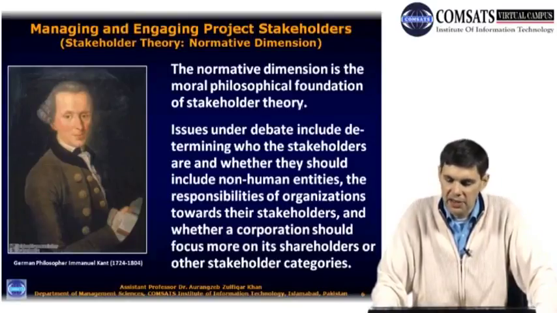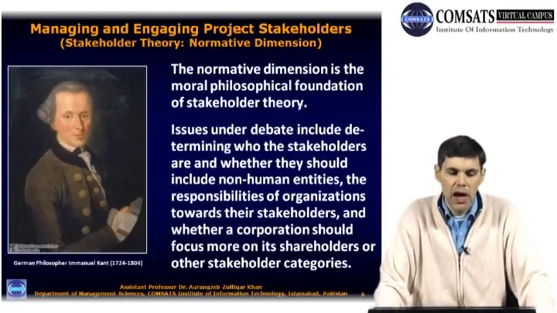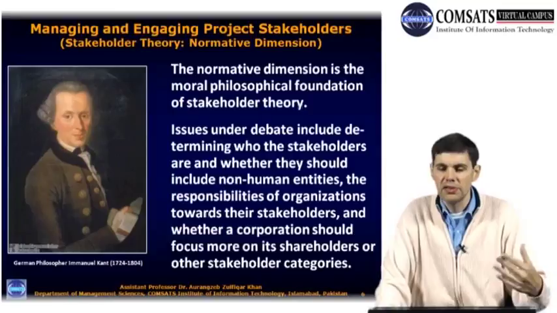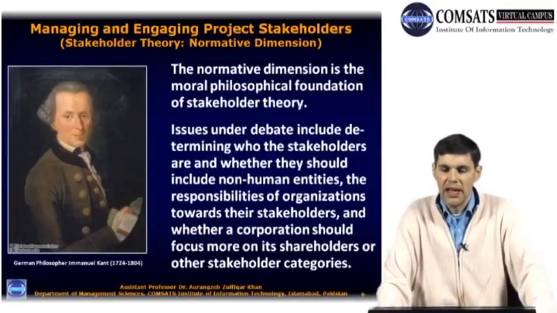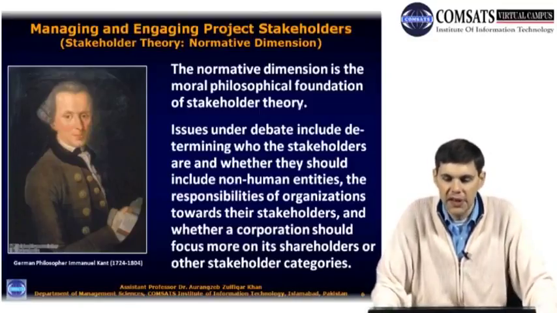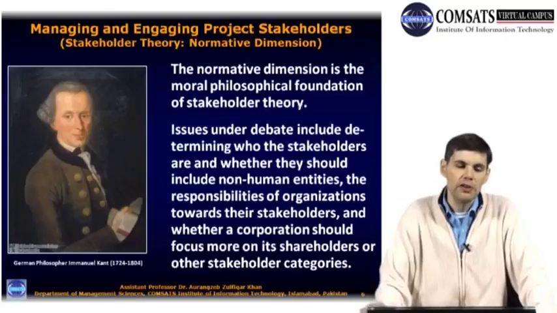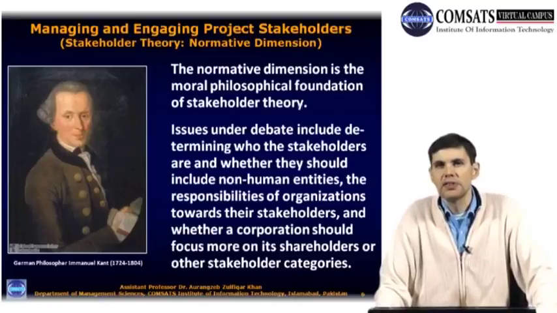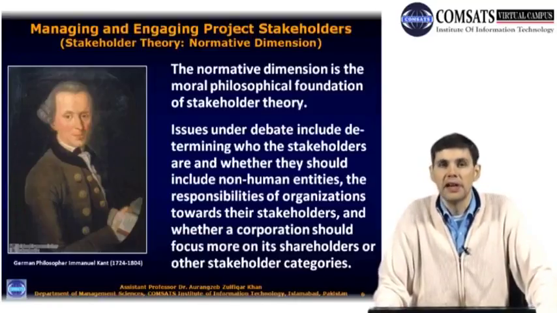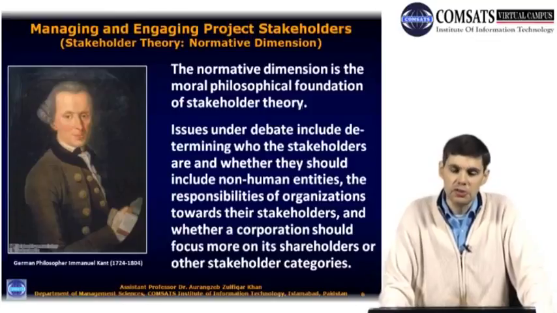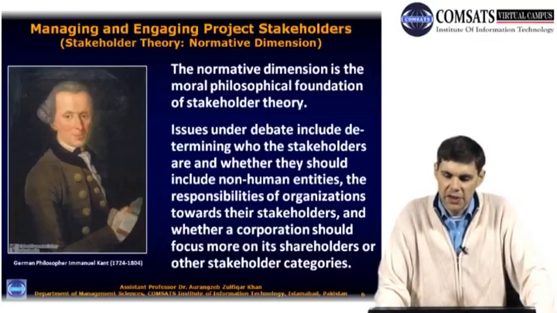He had his idea of how people should act towards other people, a sort of moralistic, philosophical basis. And this stakeholder theory, the normative dimension of it, bases itself a lot on the work of Immanuel Kant, as well as that of an English philosopher, Jeremy Bentham, and his utilitarian approach. So these are the two philosophers who are really referred to a lot in terms of stakeholder theory.